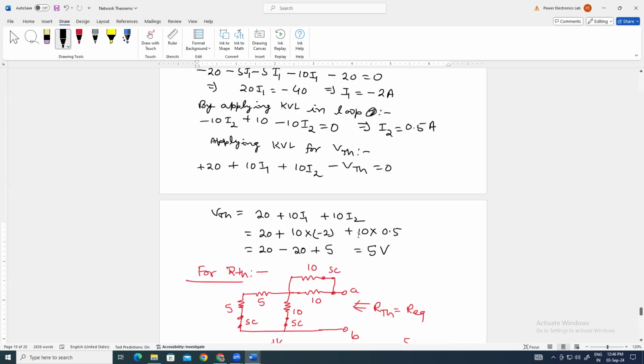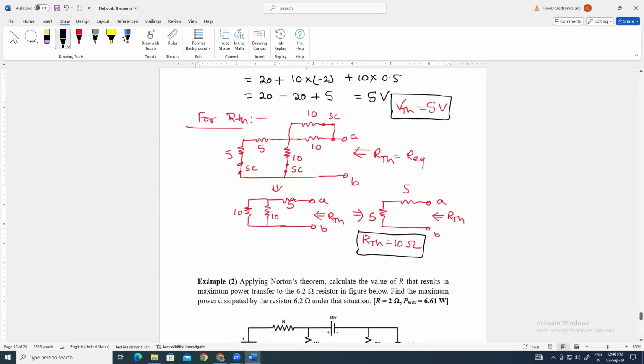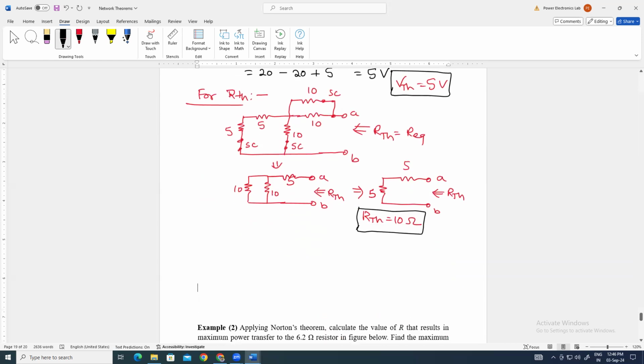Okay, so we have evaluated VTH here. VTH is 5 volt. And RTH we have evaluated, that is 10 ohm. So what will be the condition for maximum power?